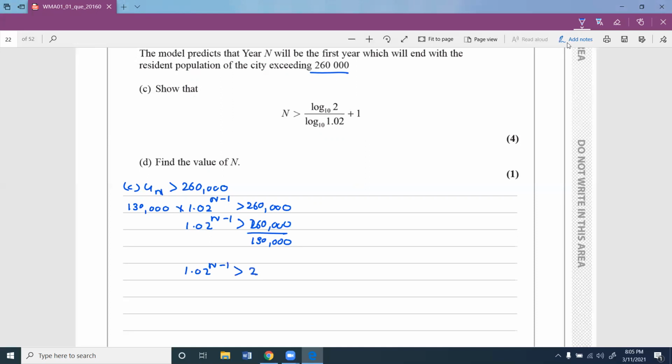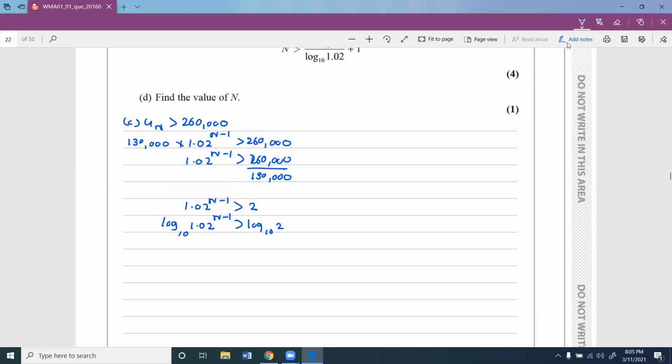Then to solve this, you have to use a logarithm. Log 10 of 1.02 to the power n minus 1 is greater than log 10 of 2. Then you can take this power out. What happened here? n minus 1 times log 10 of 1.02 is greater than log 10 of 2.